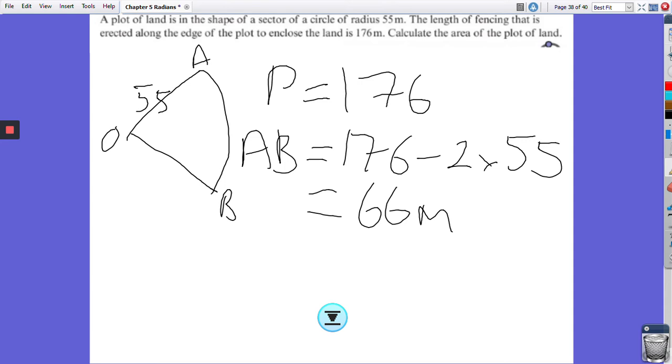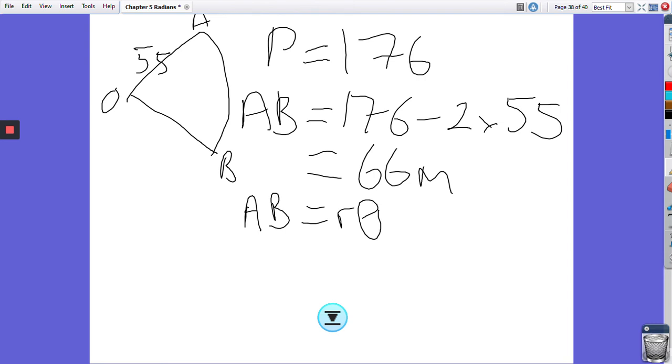Okay, so we know from the previous videos that the arc length is equal to r theta when we're working in radians. So AB equals r theta. So we know that 66 equals 55, because that's the radius, times theta.